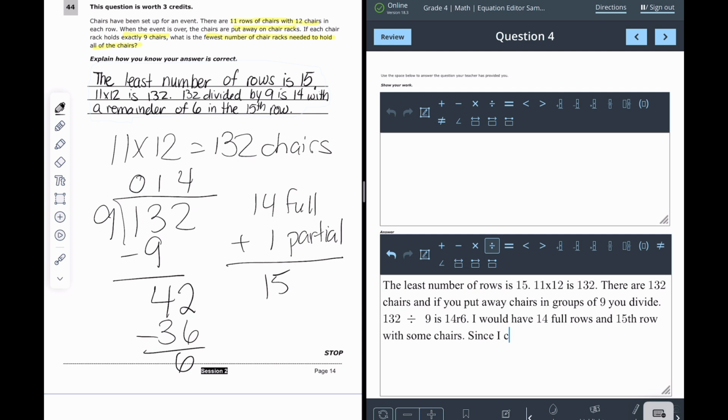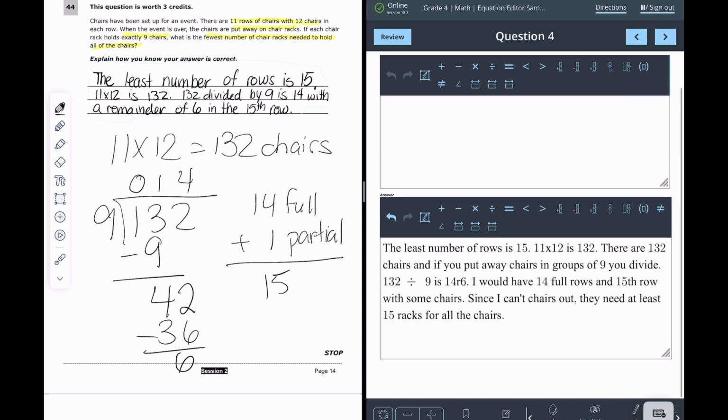Since I can't leave chairs out, they need at least 15 racks for all the chairs. And done.